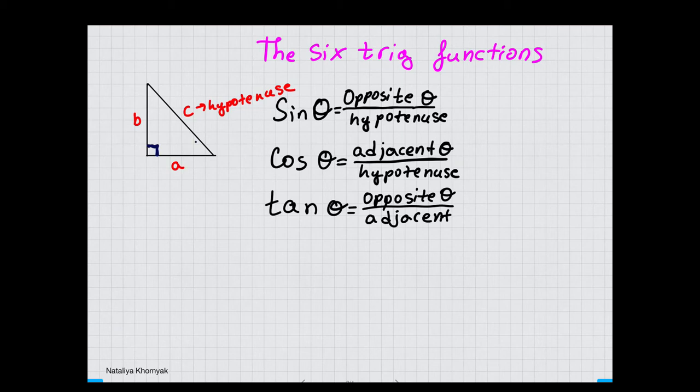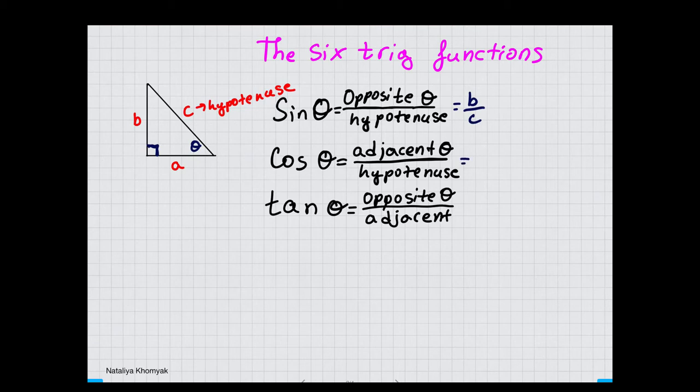So let's say my theta is right here. To calculate sine, I will take the opposite side. The opposite side from theta is b, and I will divide it by hypotenuse, and we called hypotenuse c in here.